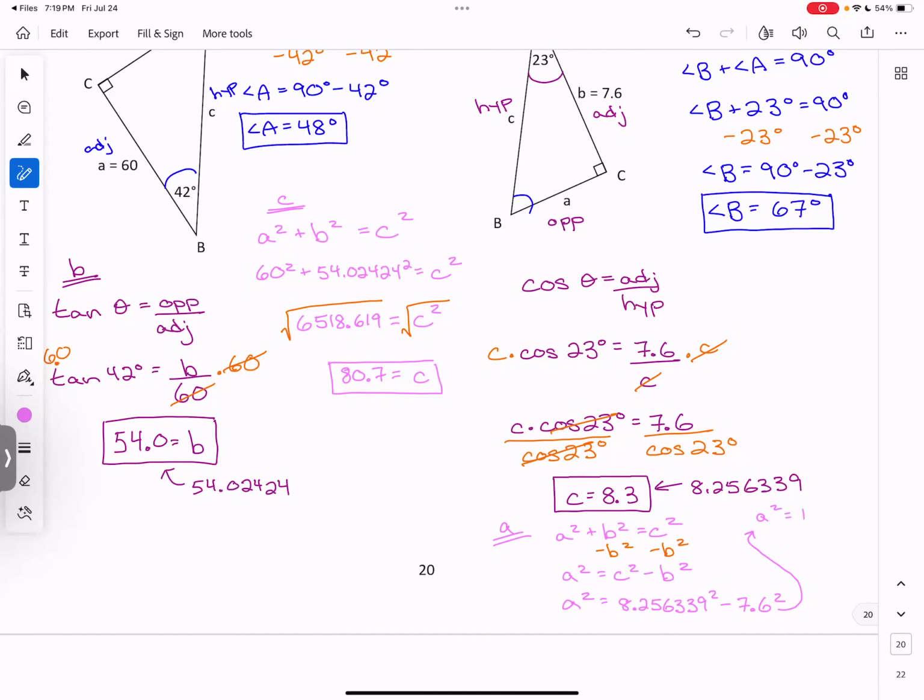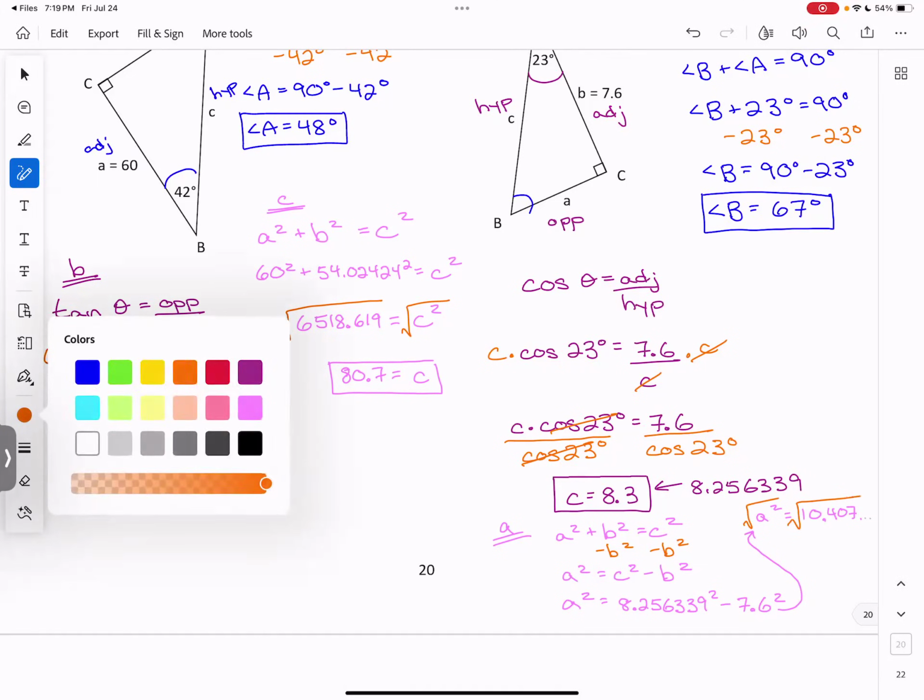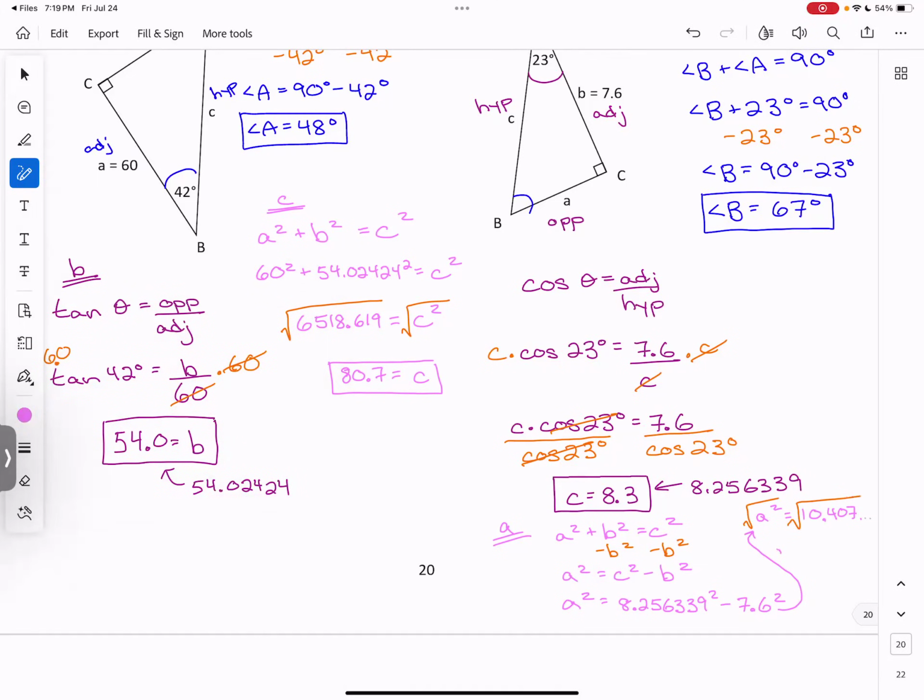I get about 10.407 and so on. And so I'm going to square root both sides. And that gives me a of 3.2.